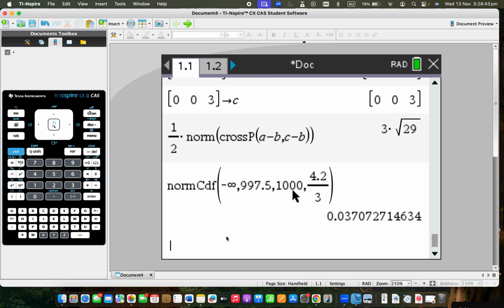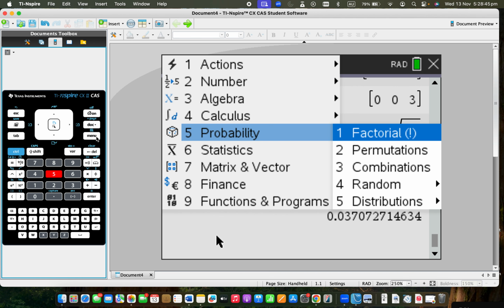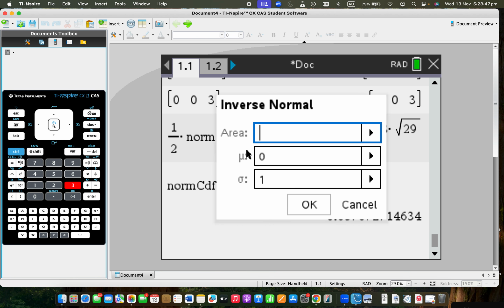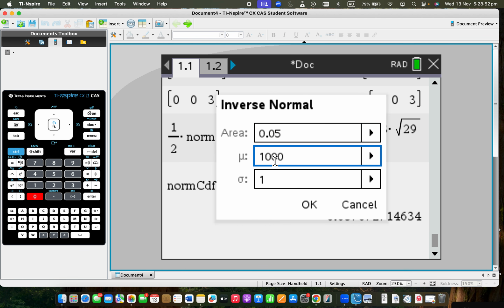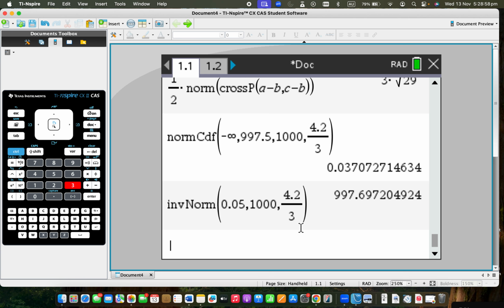So if we do an inverse normal, the area is 0.05, the mean is 1000, and the standard deviation is 4.2 over 3. So the last value we would accept is 997.697.